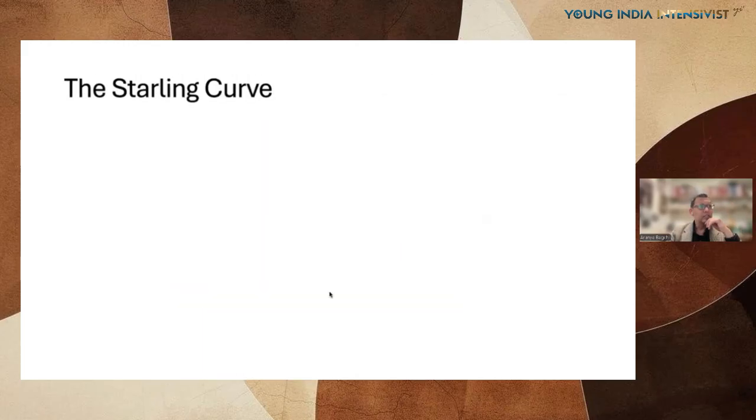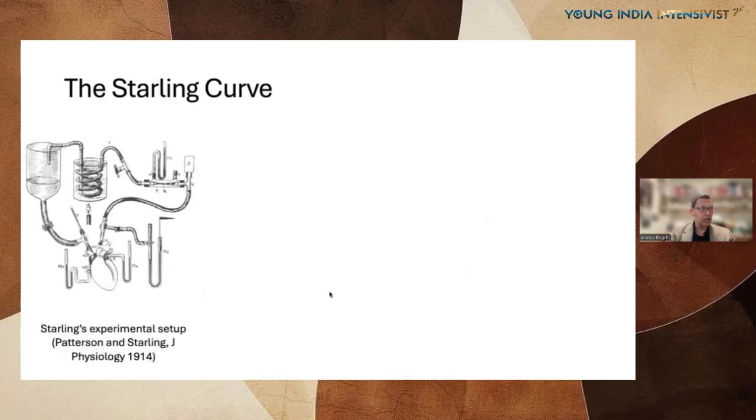All right, the Starling curve. So Starling curve, this was the experimental setup that Starling and his co-author Patterson used in 1914. Right? So this is a dog's heart. It's taken out of the body. You've got a pressure manometer in the IVC. You've got a venous reservoir here, and the venous reservoir is filling the right heart.